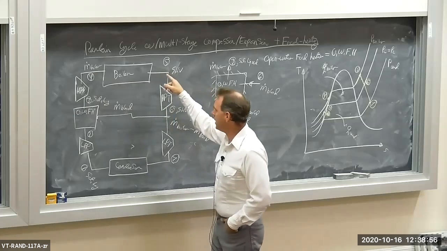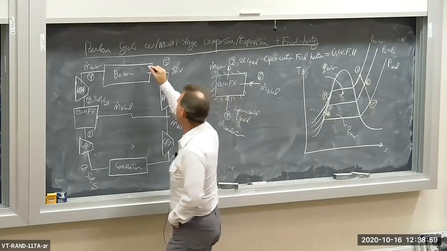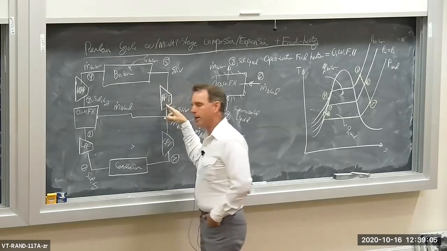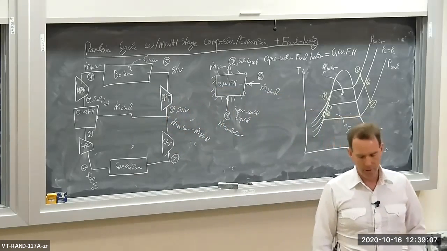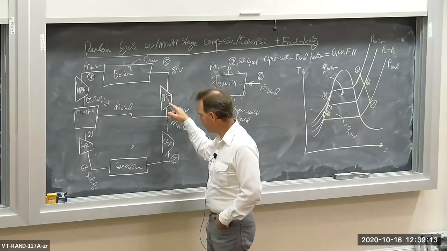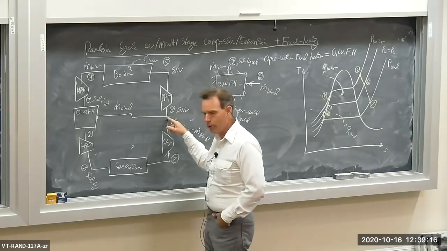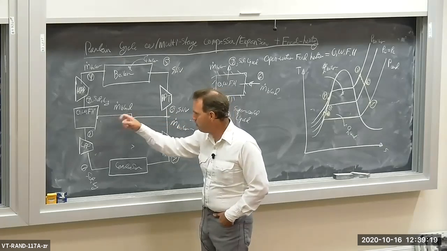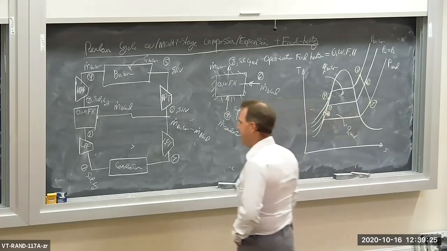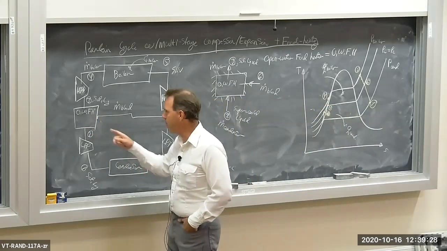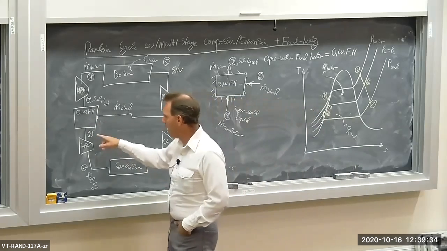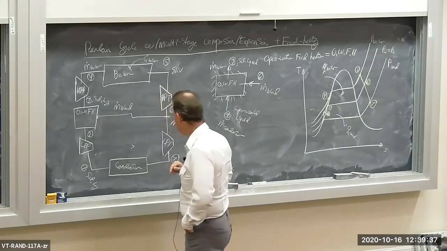Then heat gets added in the boiler. So we have our Q dot boiler here. We partially expand the superheated vapor, presumably it comes out of the boiler as a superheated vapor, in a high pressure turbine. Once we get through the high pressure turbine, we bleed off just a little bit of the mass flow, and it gets sent into this open water feed heater, and it mixes with the low pressure pump outlet liquid water.